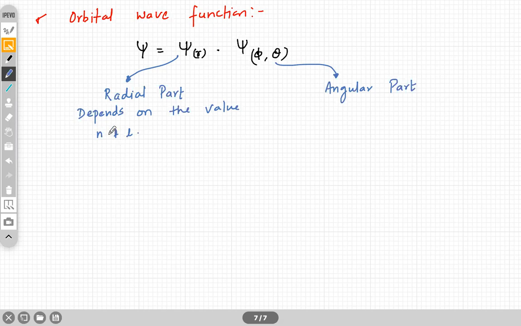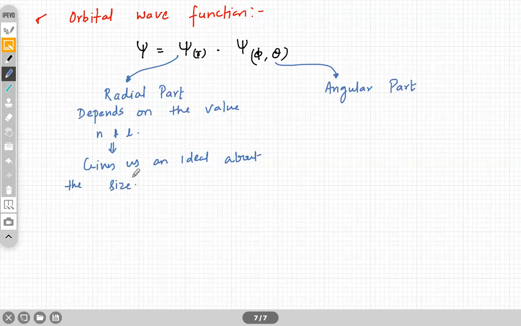So this radial part gives us an idea about the size.